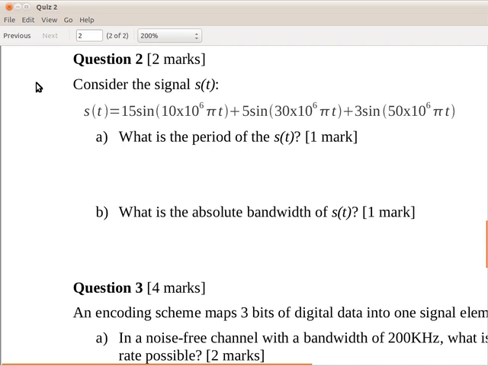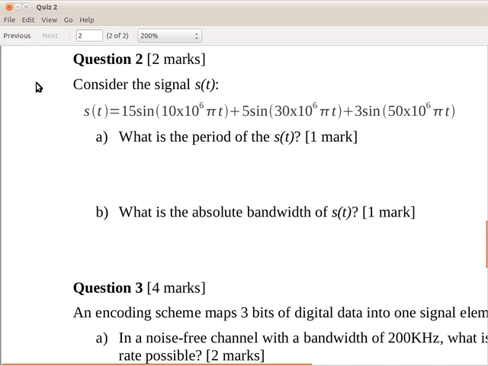That's correct. See if you can get that answer for the period. 0.2 microseconds. That's correct.